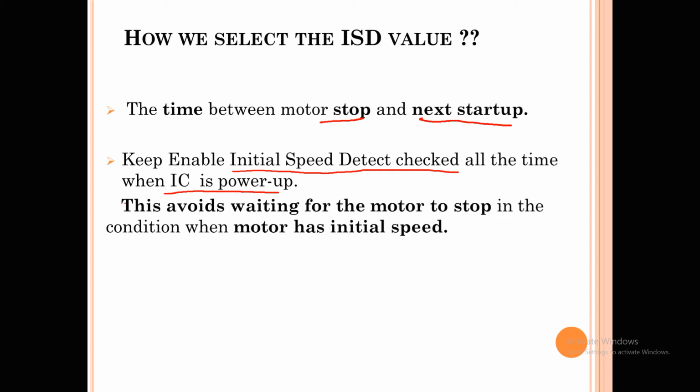If you have selected the value perfectly, it will avoid the waiting time where the motor is still spinning, and it will directly start from that point. You don't need to wait for the stop and then start.